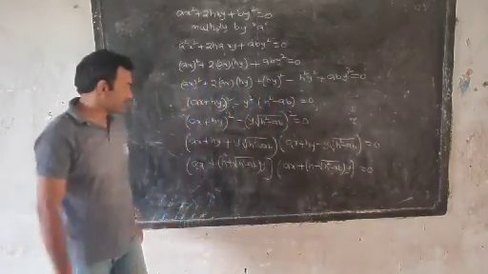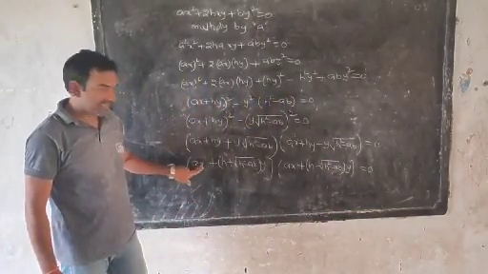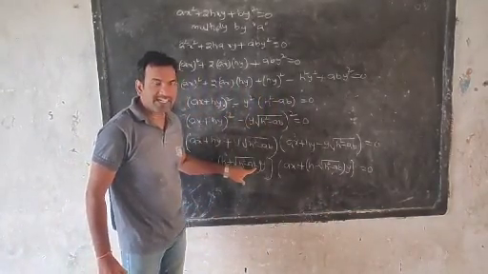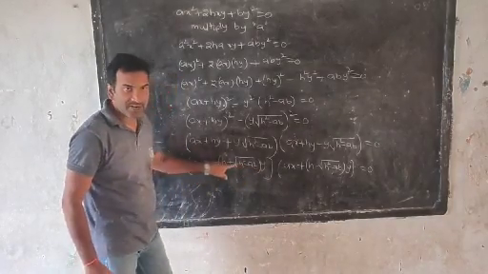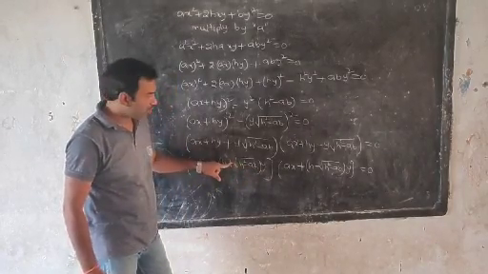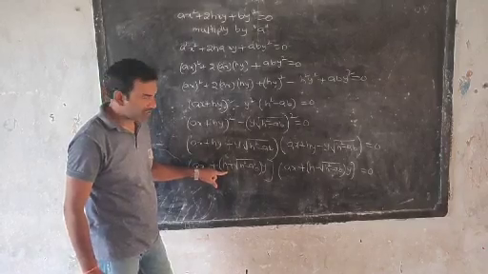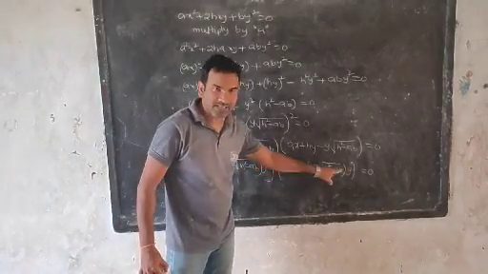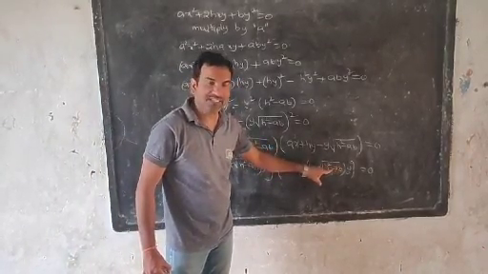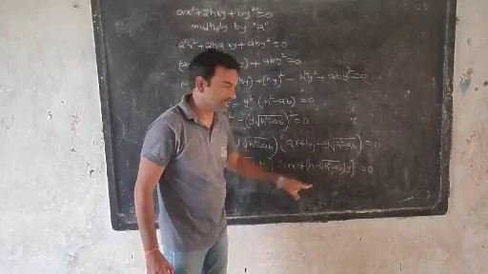Now you check here ax plus by, it is a straight line equation in the standard form ax plus by. So it is a straight line passing through the origin. So this is also a straight line passing through the origin.